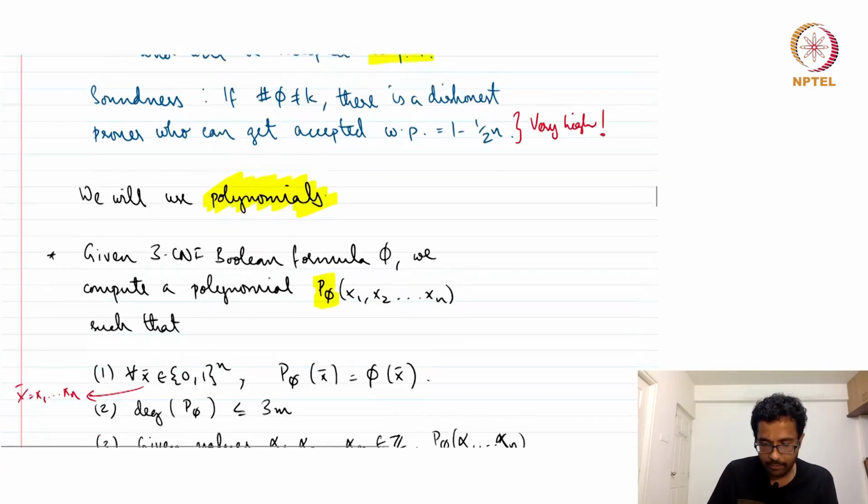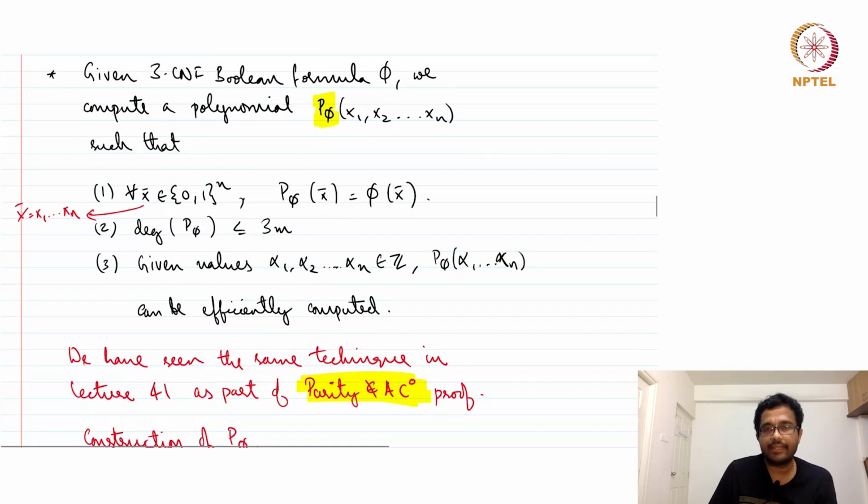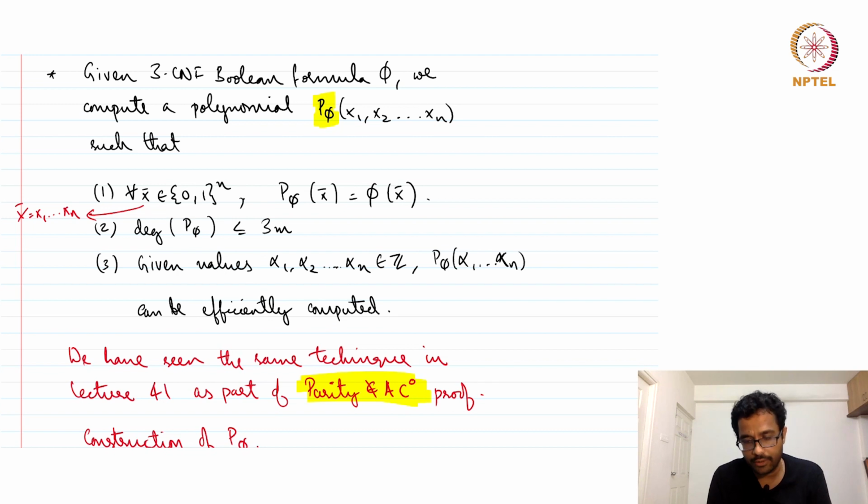First we made a polynomial p phi that has the same 0, 1 value as phi when given a Boolean input. And p phi was also easy to evaluate, and of small degree.